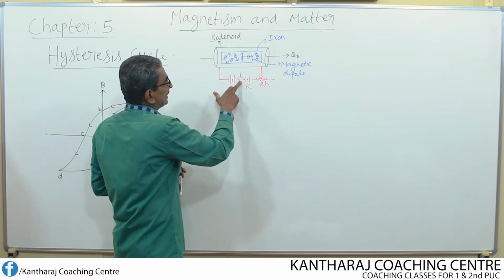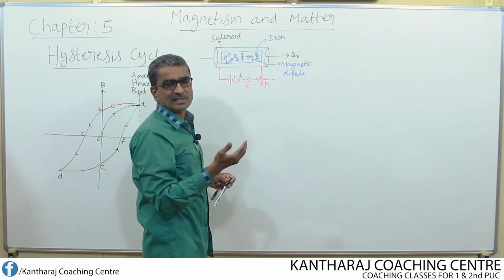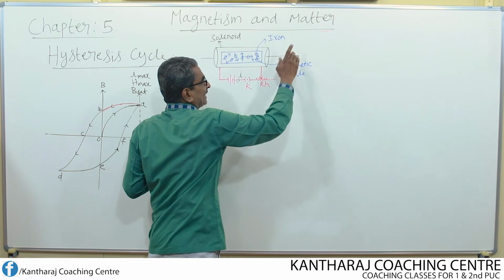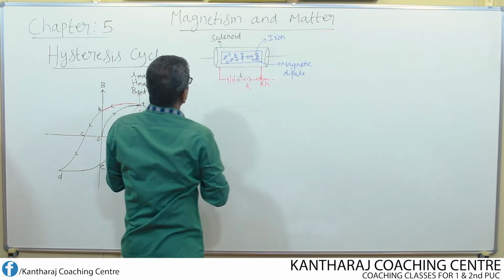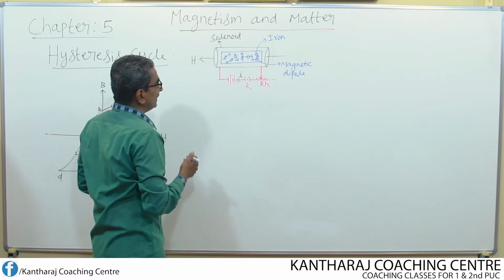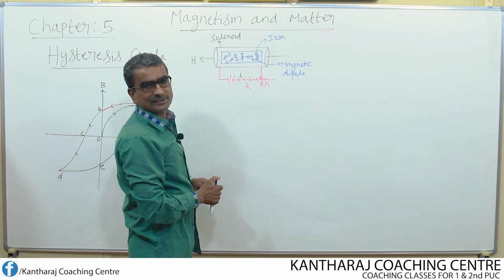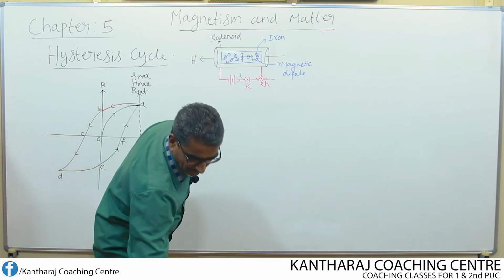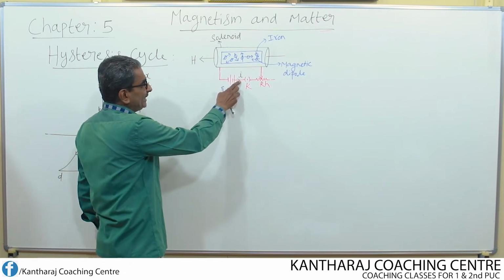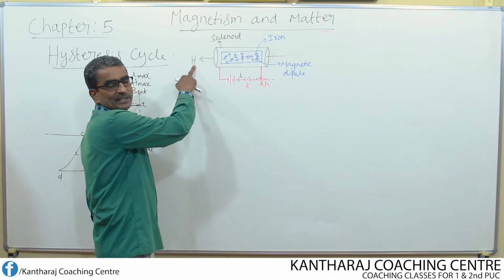Once we change the direction of current, B0 direction also changes. B0 direction changes means H direction also changes. So initially B0 was in this direction. Now the direction of B0 or H, directly I use H, will be in this direction, opposite to that of the initial case. Now what we do means, we increase the current gradually from 0. If we increase the current, H also increases.